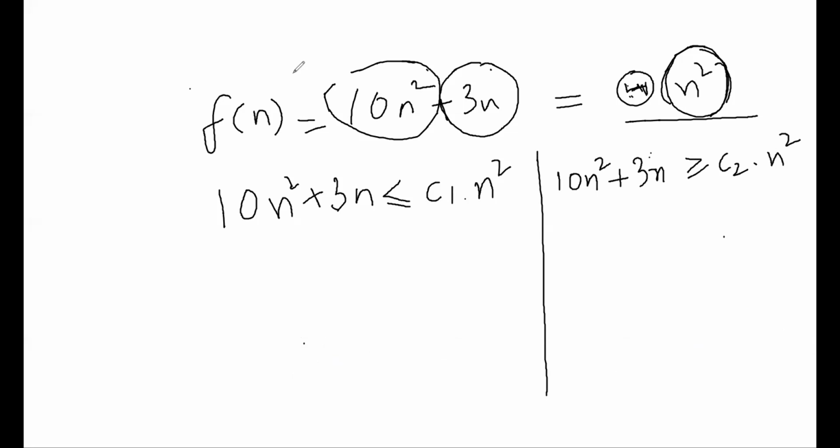Okay. So, for example, if your C1 is 10, you are equating 10n square plus 3n less than or equal to 10n square, which is not true because you have this extra 3n on the left hand side.